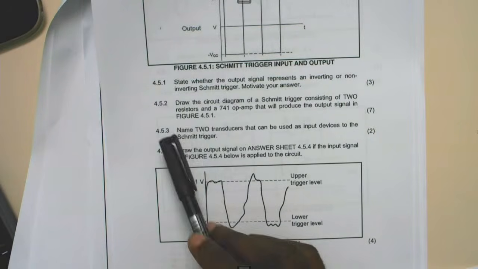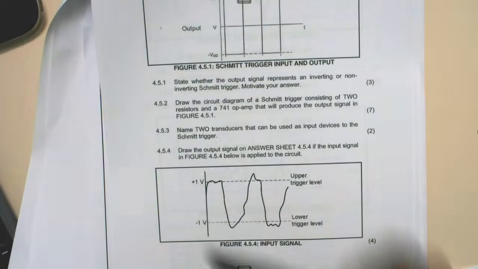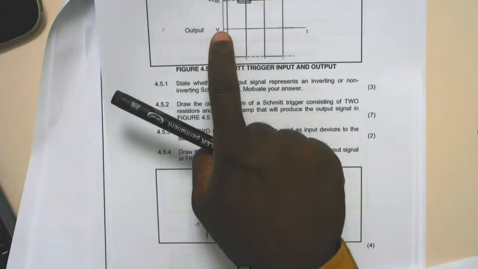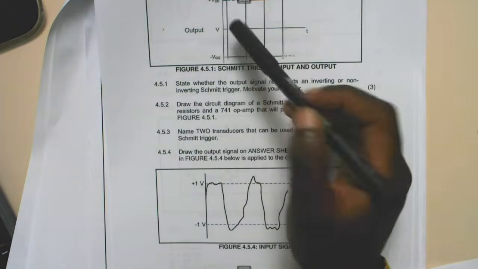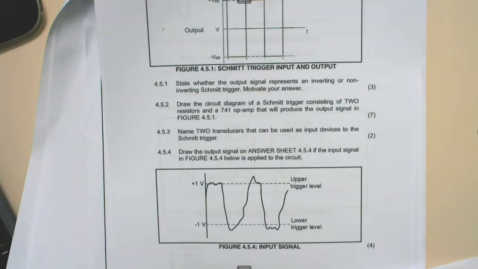If they are starting the same way, then it's non-inverting. But if there's a phase difference, then it's inverting. So in this case, the output represents the inverting Schmitt trigger, because the output signal is inverting with reference to the input signal.